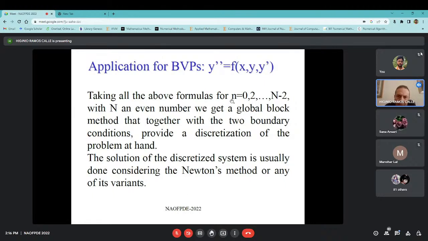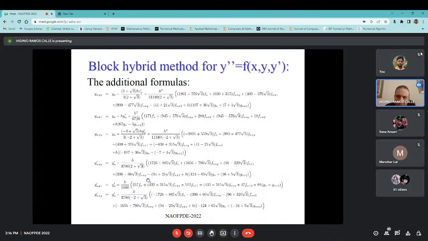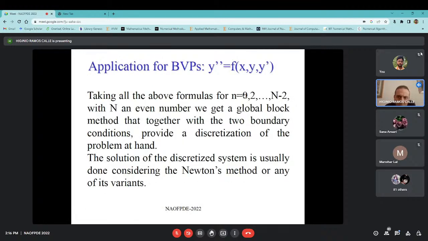As we have all the formulas, we consider n equal 0, 2, up to capital N minus 2. So we take n from 2 by 2. In this case, we must say that N must be an even number because we are using a two-step block method.